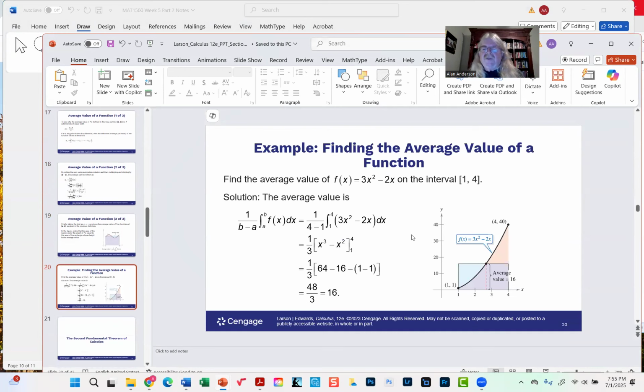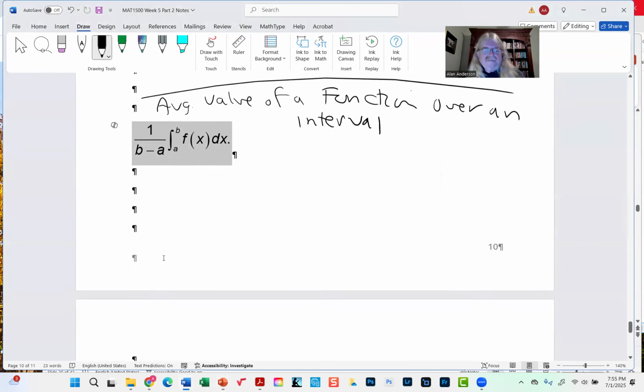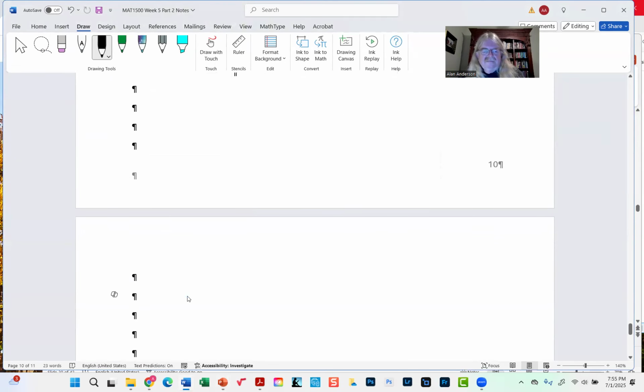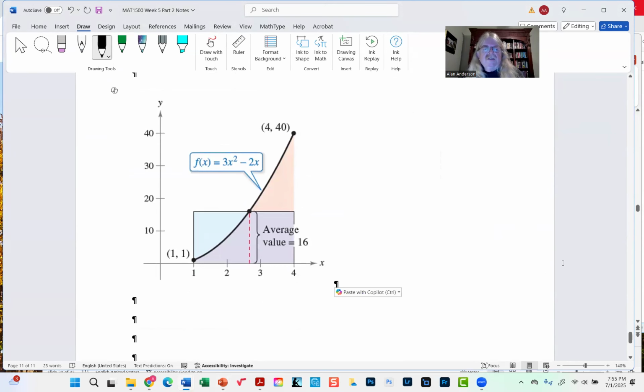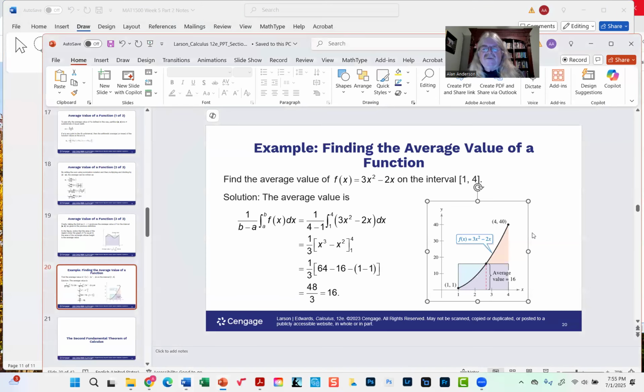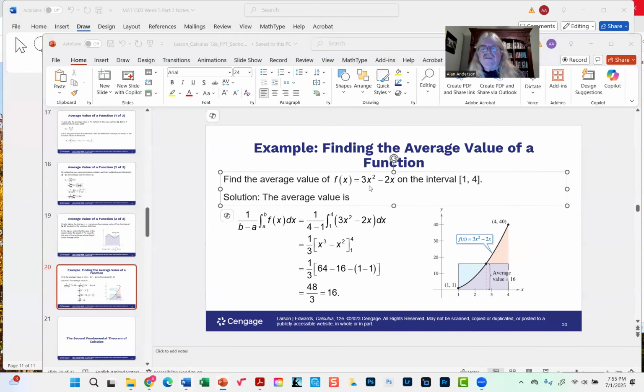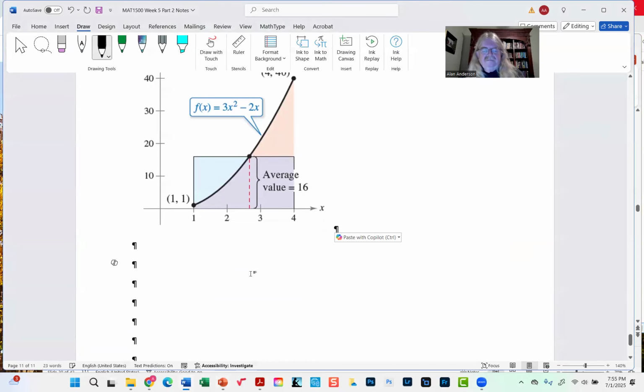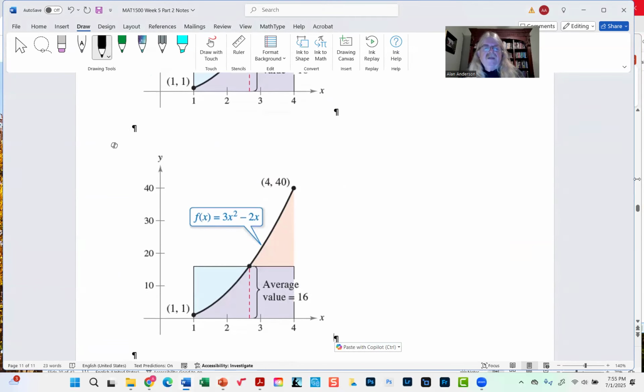Here we go. Let's do an actual example. That's more fun than proving it. So they want to know what is the average value of this function on the interval 1 to 4. So basically, remember how this works.